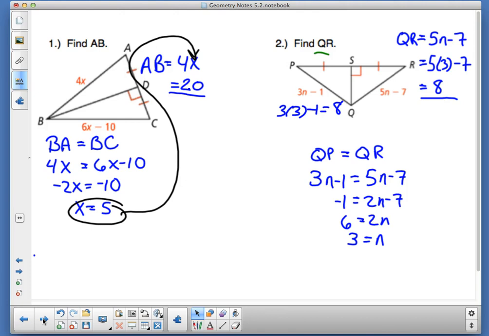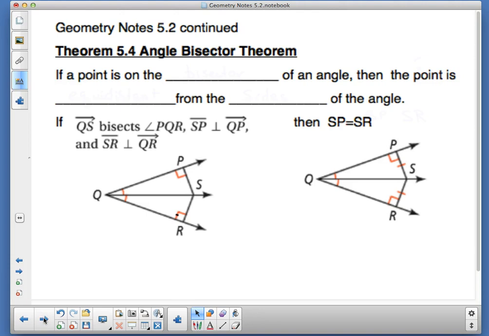Let's look at angle bisector. Angle bisector theorem: if a point is on the bisector of an angle, then the point is equidistant from the sides of that angle. Remember, equidistant from the sides. A point's distance from a side is the perpendicular path from that point to that side.